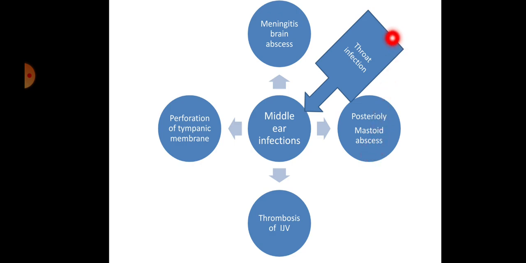And another thing, in children it plays an important role. Any child who comes to your clinic with symptoms of throat infection, we should not take it lightly, because see the passage. Throat infection can spread to the middle ear through the Eustachian tube. Once the infection comes here, it can spread anywhere.